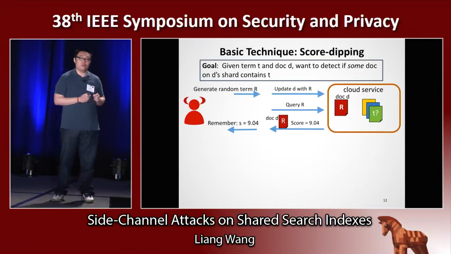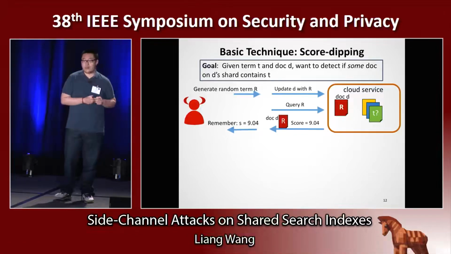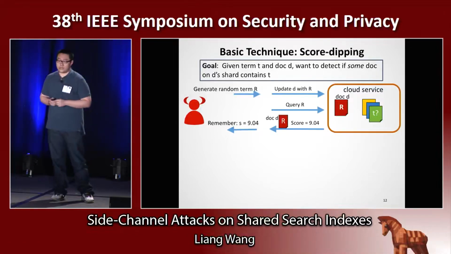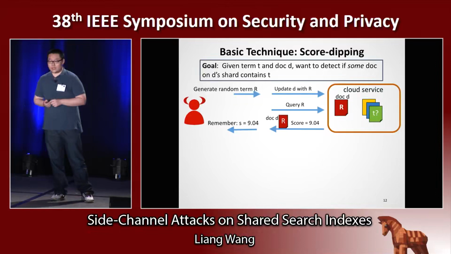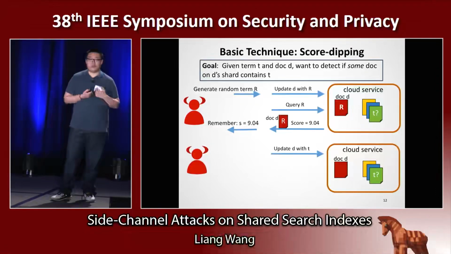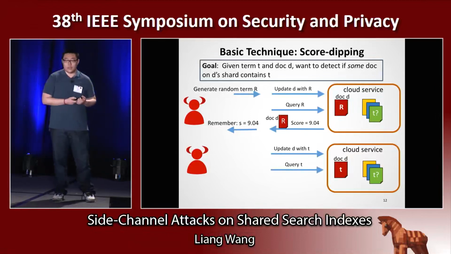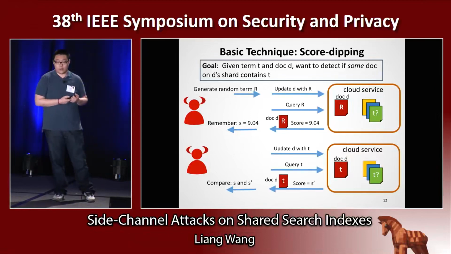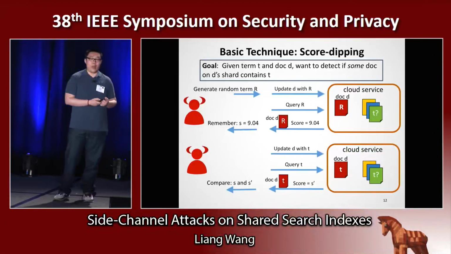This corresponds to the situation that the term only appears once on some index. So next, the attacker updates the document D with the term of interest, the term T, and queries the term T and gets the relevance score as S prime.